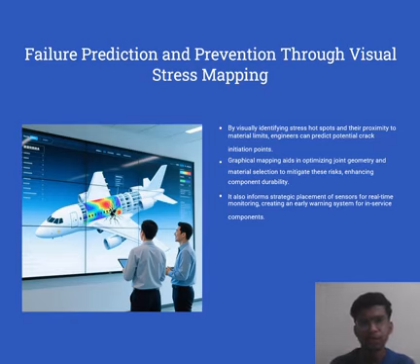Third, it also informs strategic placement of sensors for real-time monitoring, creating an early warning system in service components.